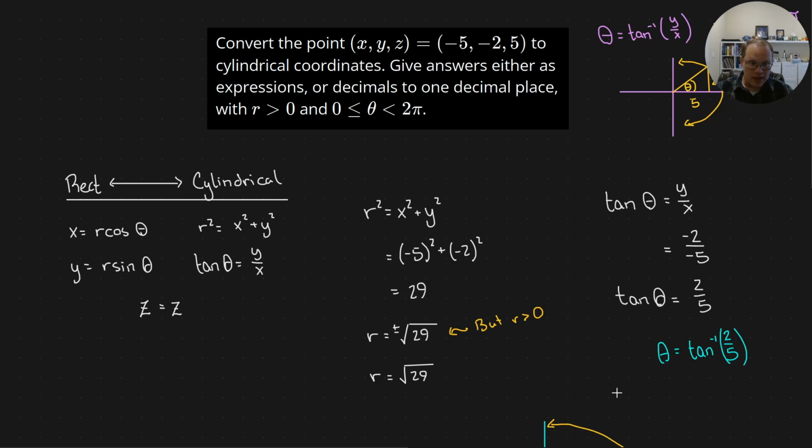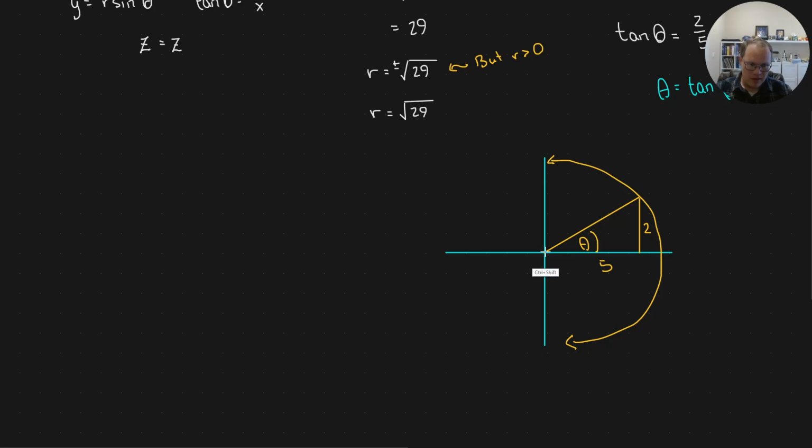We are interested in where the y is negative 2 and the x is negative 5. We want something down here. Okay, so we want this angle. That's the angle we really want. Okay, and let me relabel this. It's kind of confusing talking about that as theta. This will be what arctangent of 2 over 5 gives us.